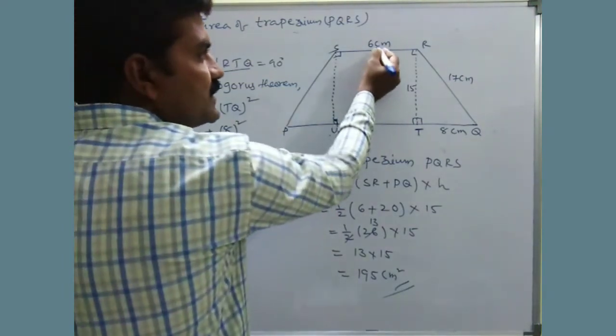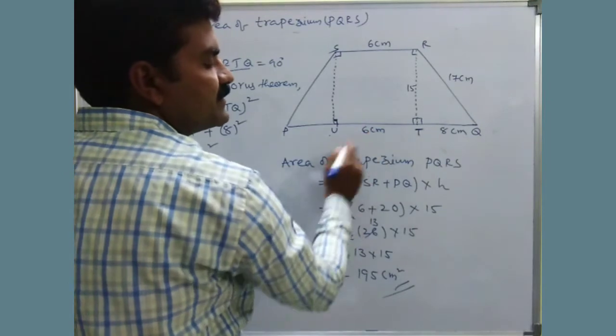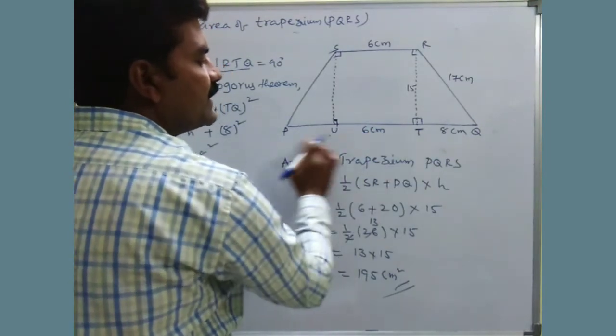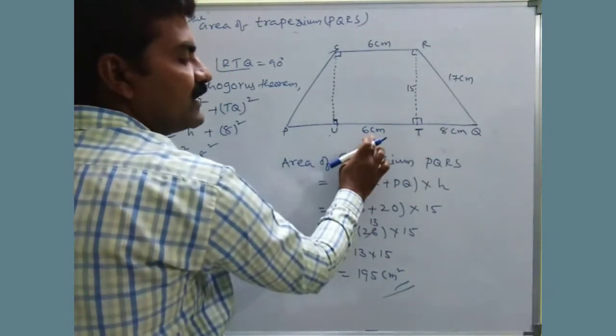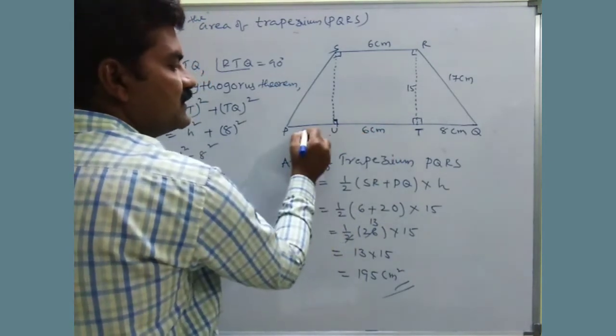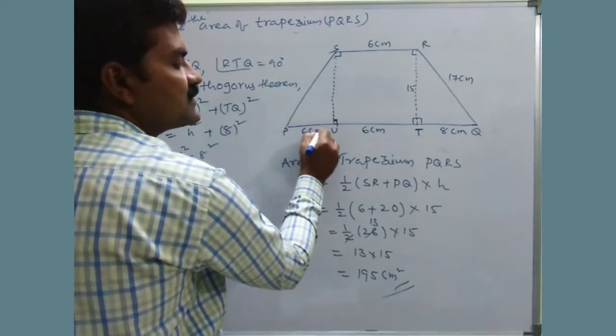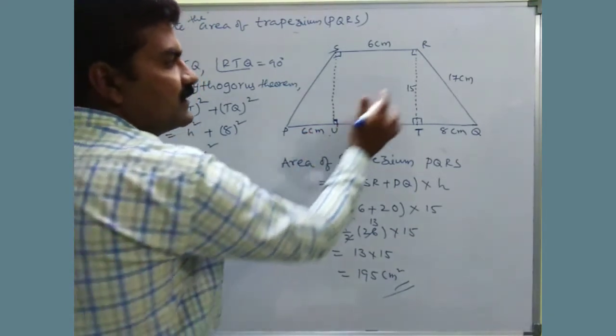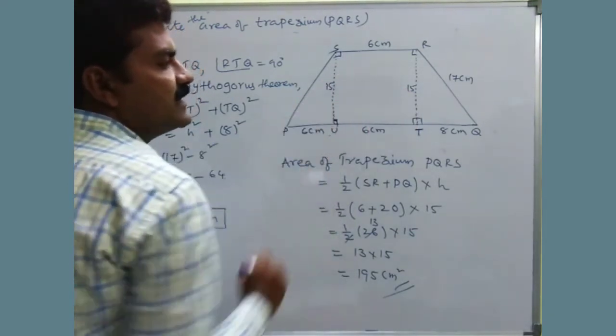So this I can take as 6 centimeters. But you know earlier the entire length PT is given as 12. So if this length is equal to 6, then PU length is also 6 centimeters, and the height will not change, same height.